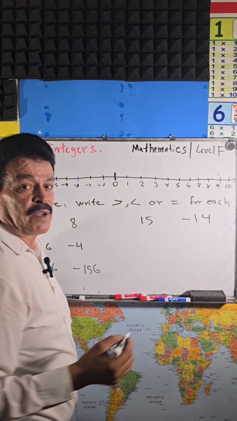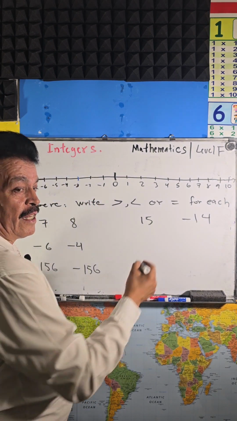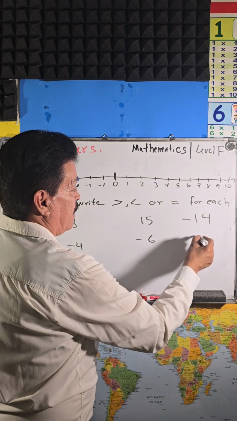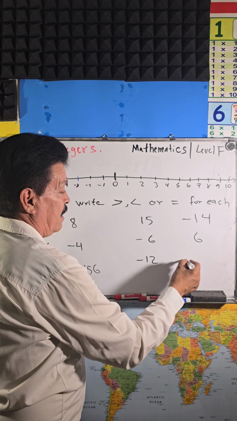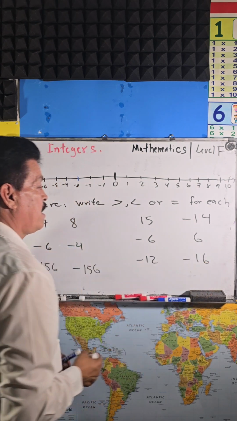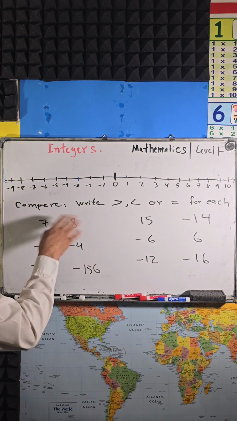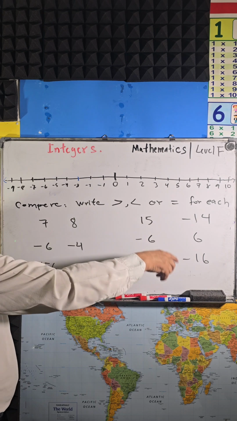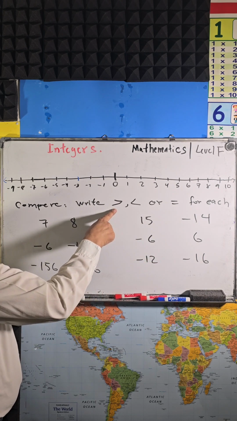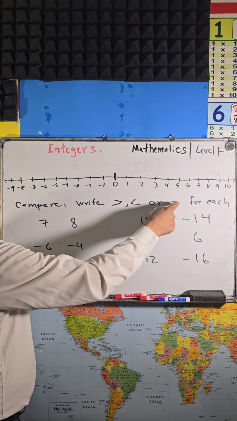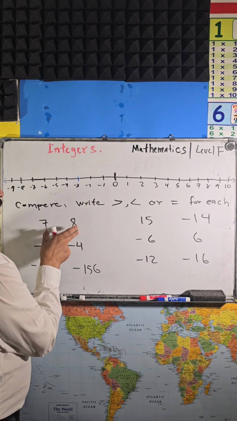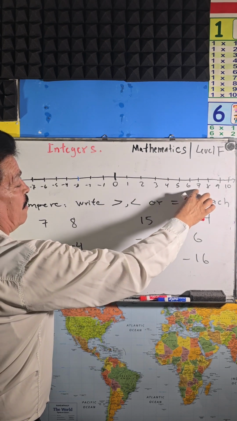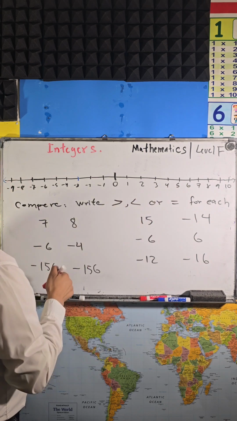And then also, let's write negative 6 and 6, and then negative 12 and negative 60. Okay, we have to compare these couples of numbers and then write greater than, less than, or equals for each, okay?